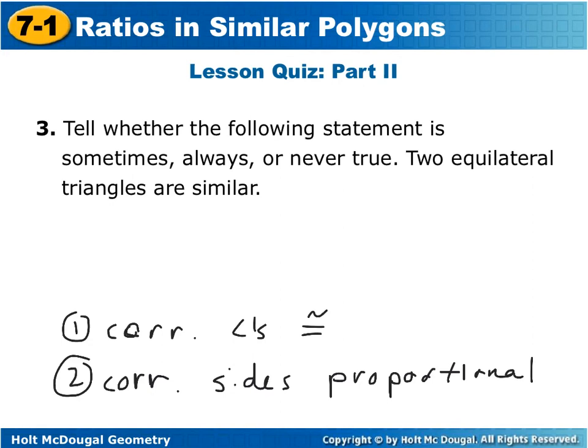What are the two types of triangles it says we have here? Equilateral.